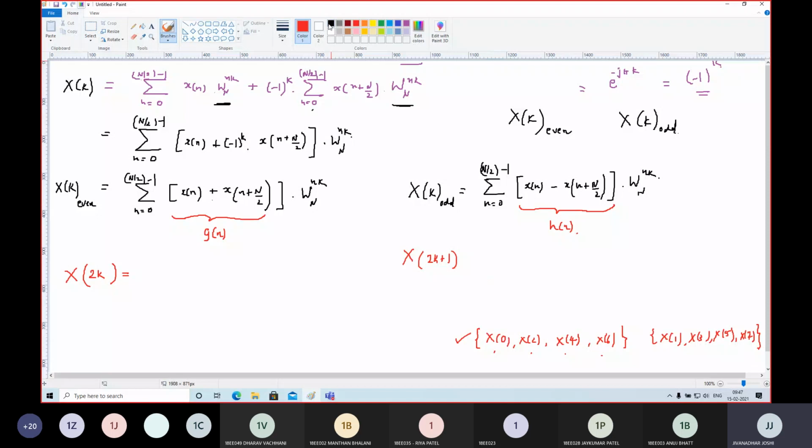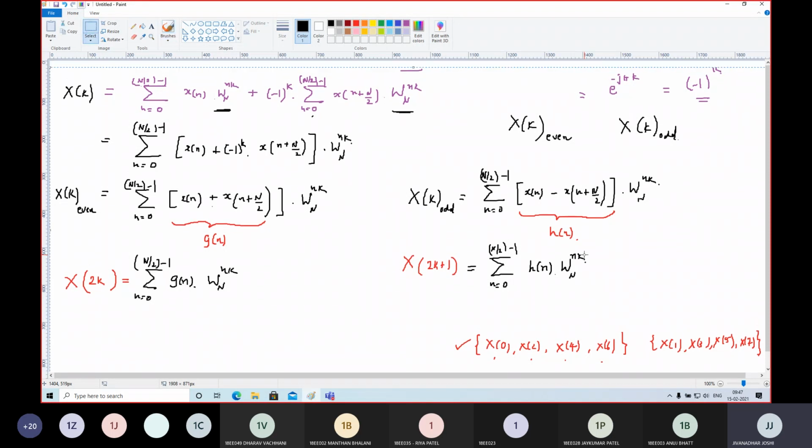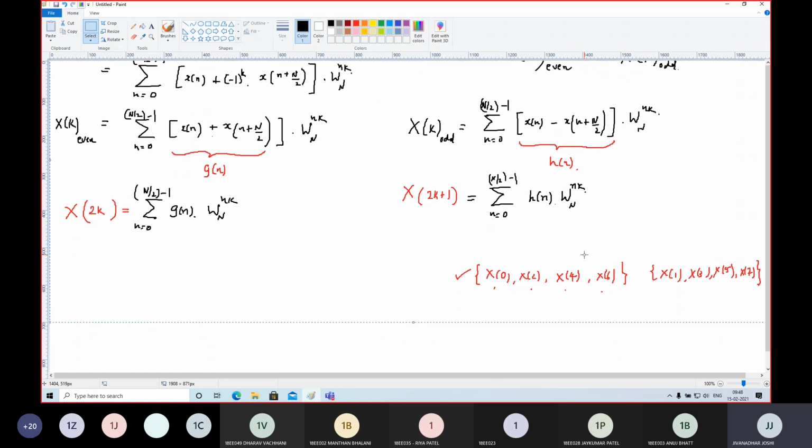So this is equal to summation n equal to 0 to N by 2 minus 1 g of n into W_N raised to nk for capital X of 2k, and similarly for capital X of 2k plus 1, I have summation n equal to 0 to N by 2 minus 1 h of n into W_N raised to nk. Okay, and with this, of course, we can draw the butterfly diagram.